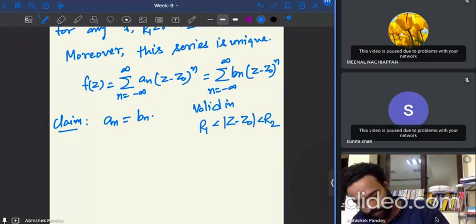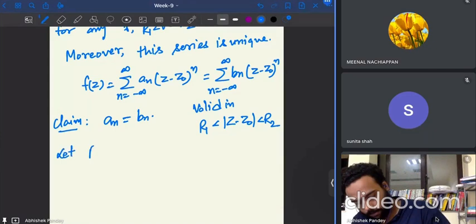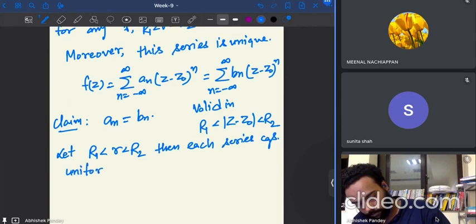Okay, and let r1 be less than r, which is less than r2. Then both of these series converge uniformly on this curve, mod z minus z naught equals r.